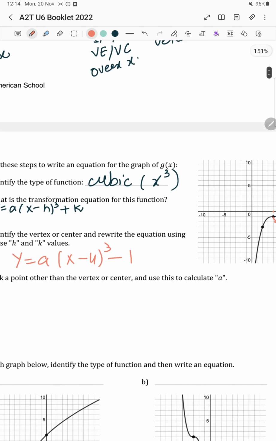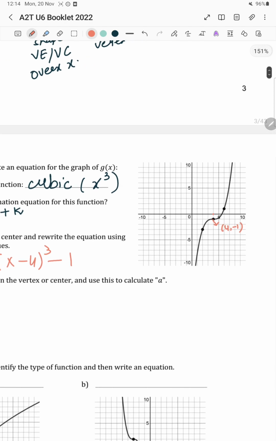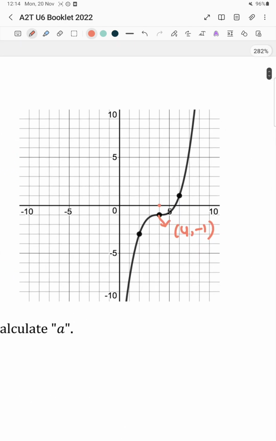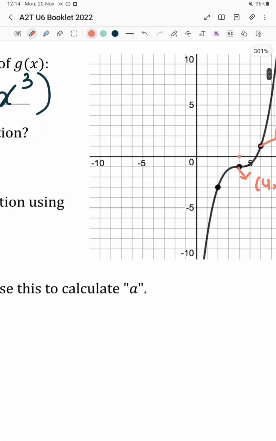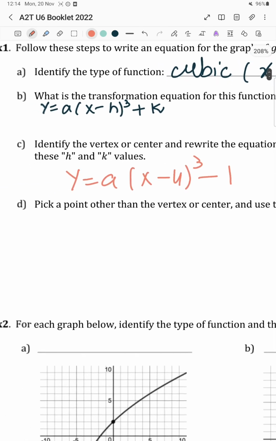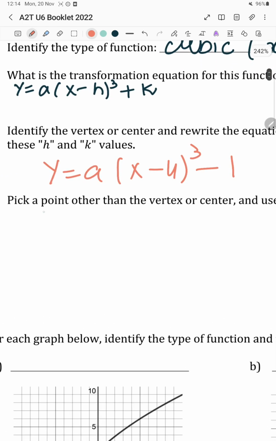Pick a point other than the vertex or center and use it to calculate a. Let's take this point, 5, 6, sorry, the point was 6 and 1.